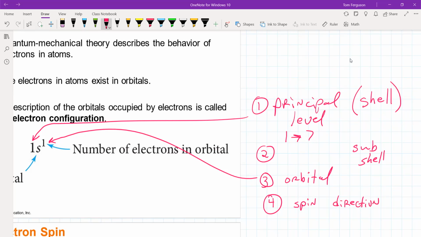And within the orbital, you have a spin of the electron's direction, either up, meaning positive, or down, meaning negative. And that's going to be represented. Your book uses a square. Other books use a circle. Okay, so that's what it's going to look like.